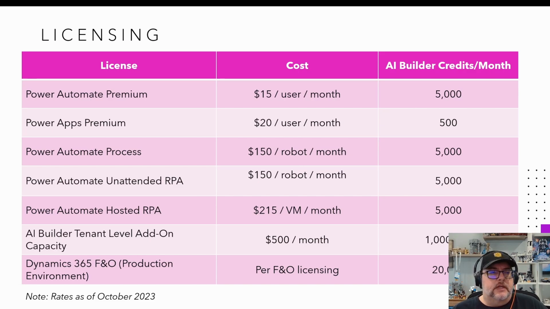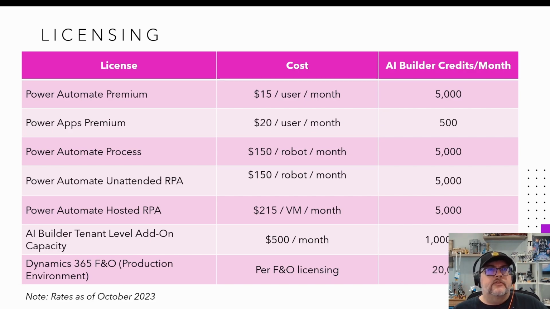So, for instance, the Power Apps license that comes with Dynamics does not include Power Automate, that kind of thing. There are a lot of different Power Automate licenses and Power App licenses out there. Not all of them include access to AI Builder.